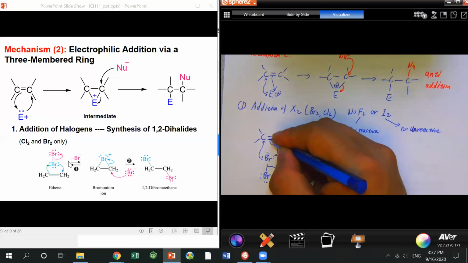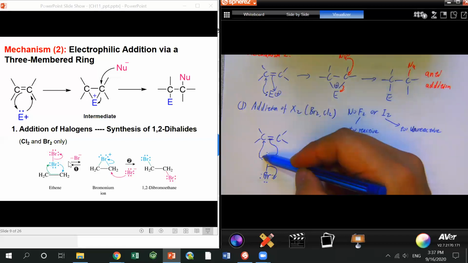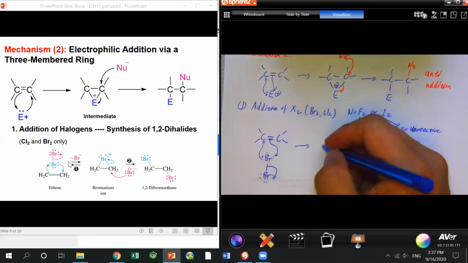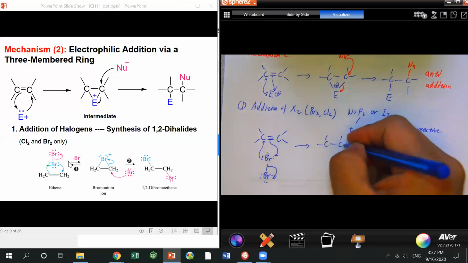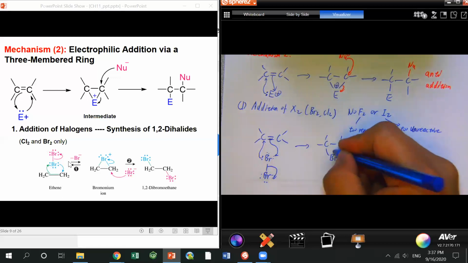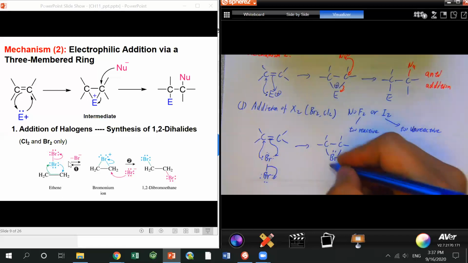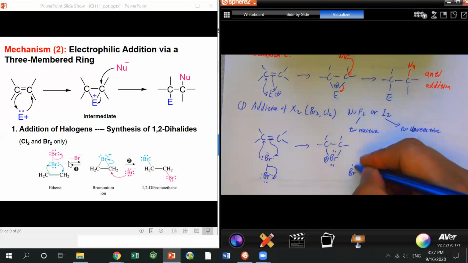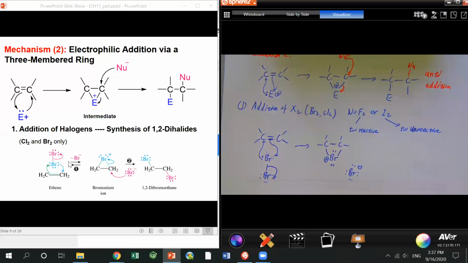These two pi bond electrons build up one triangle bond, and the lone pair electrons on the bromine build up another bond, and eventually you generate what we call a bromonium triangle. The bromine now only has two lone pairs and a positive charge, and you generate the bromide. So that's the first step.